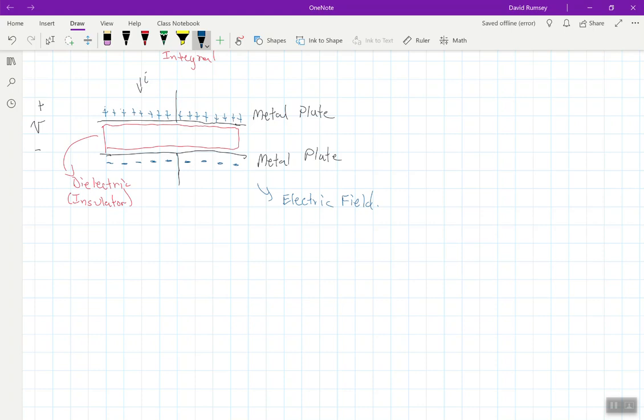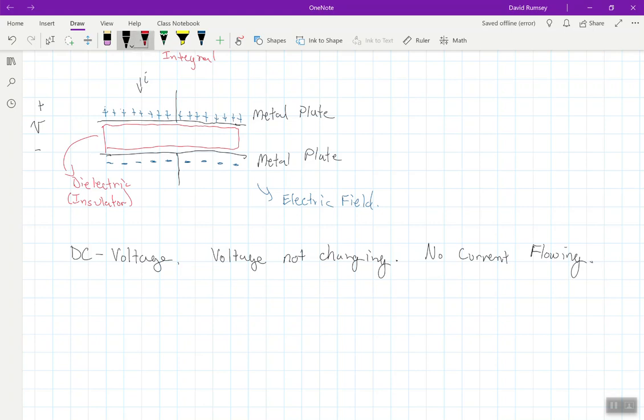All right, so that's a little bit about this, but if we have a DC voltage here, then the voltage is not changing. And we just said if the voltage is changing, that's how we can get a current. So if the voltage is not changing, then we have no current flowing.